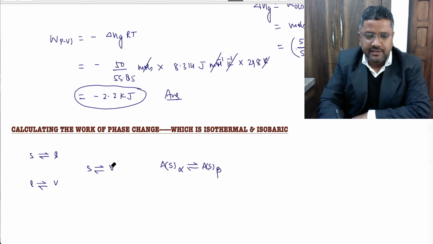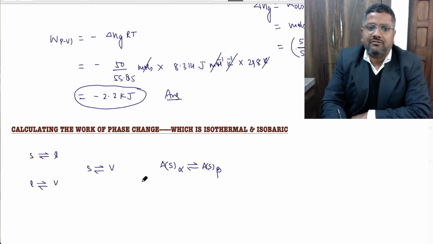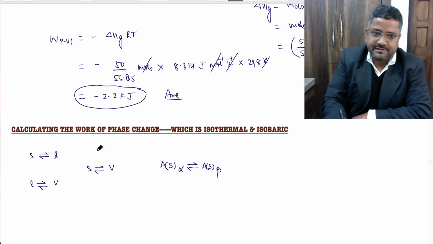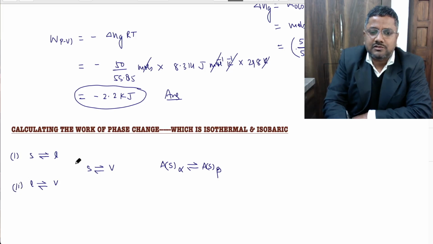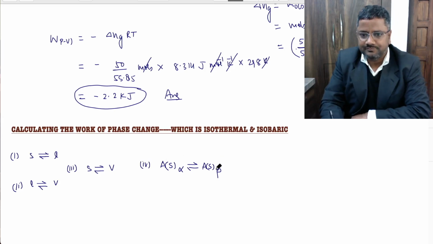These are the main kinds of phase changes you can observe in physical sciences. Solid to liquid, number one. Liquid to vapor, number two. Solid to vapor, number three. And number four, solid to solid. This is very less common, right?